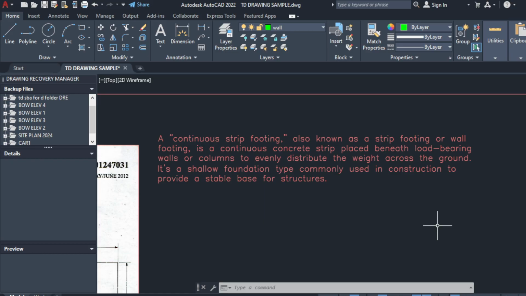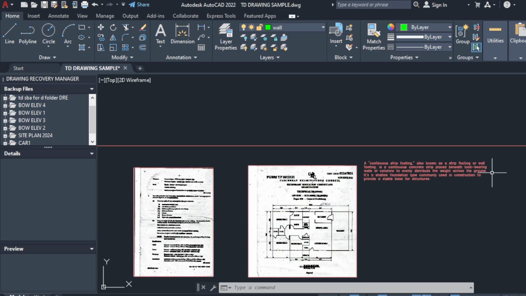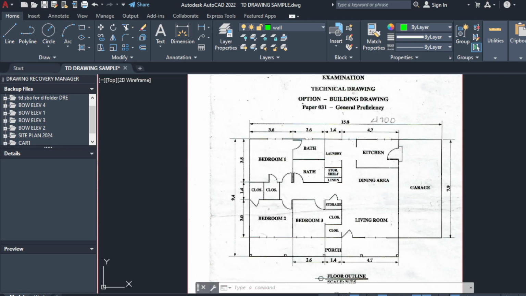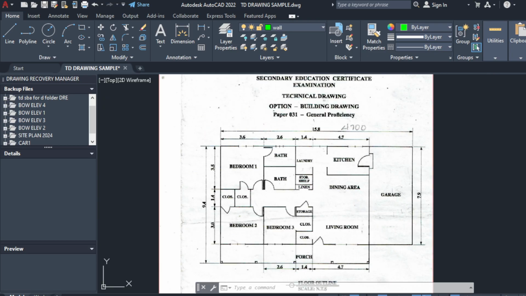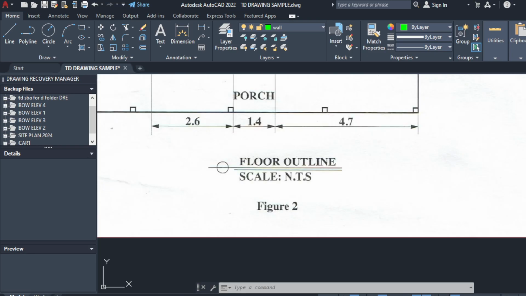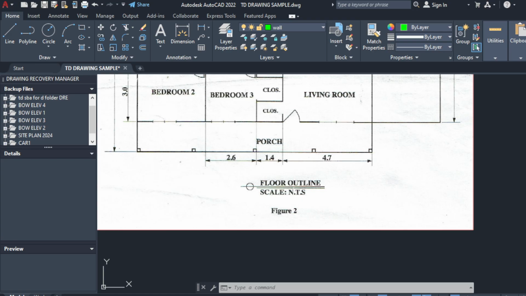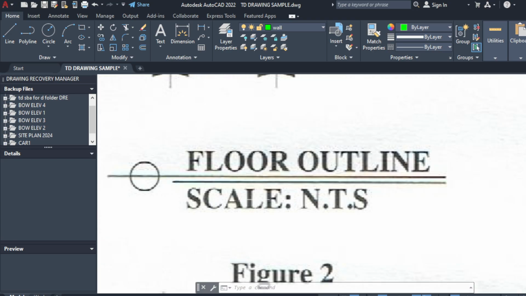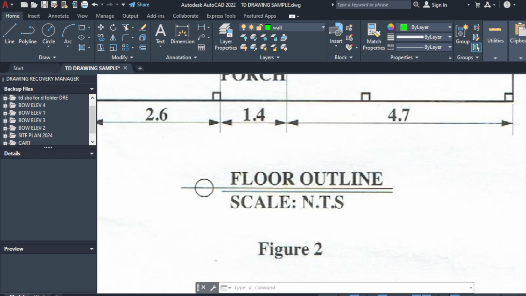Alright, so let's look at the layout of the drawing that we have to do a continuous strip foundation plan for. Here we have Figure 2, which shows the floor outline. Now this drawing is not drawn to scale, that's NTS.